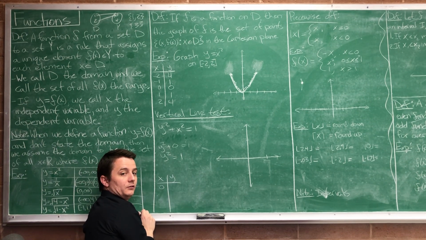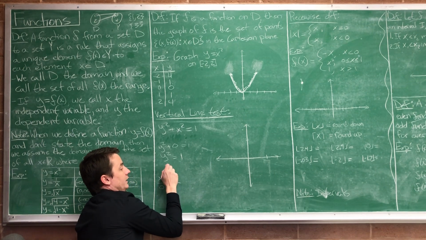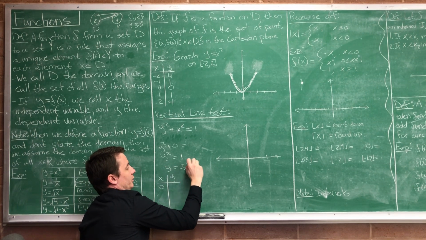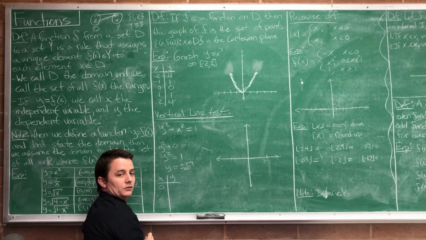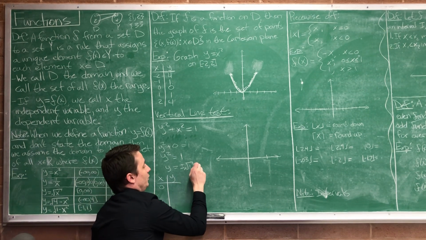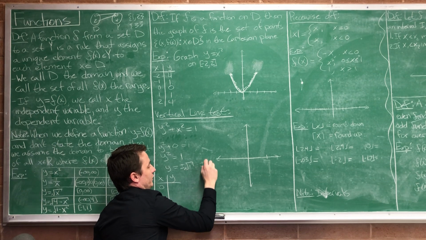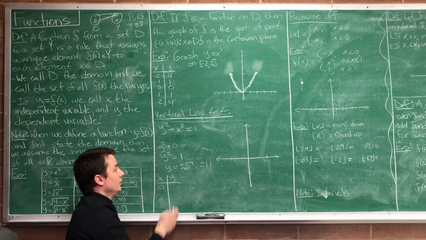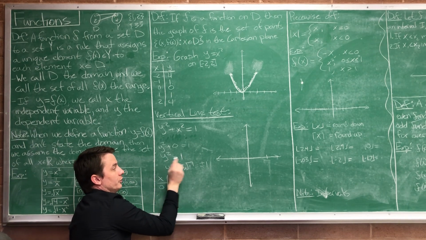You with me? So now I need to square root both sides, so I get y is equal to plus or minus the square root of 1, which is equal to plus or minus 1. Right? Notice that these are the two solutions to this equation.